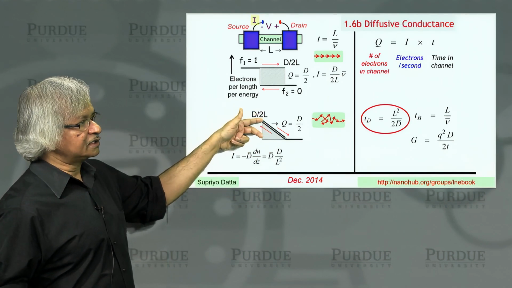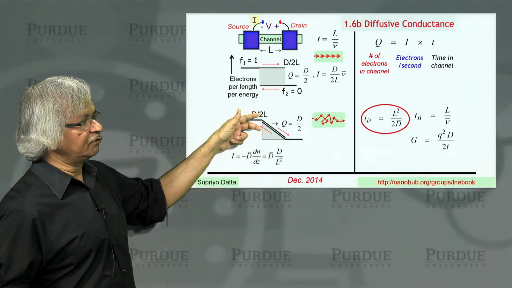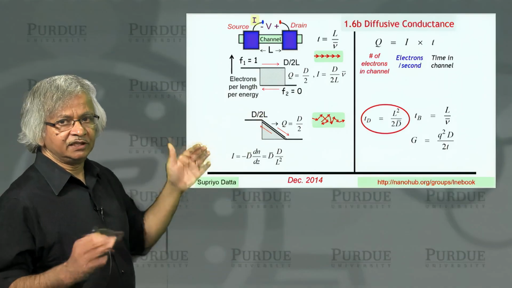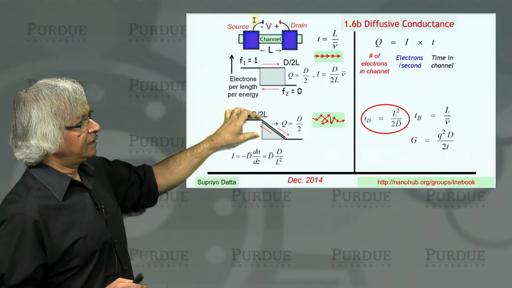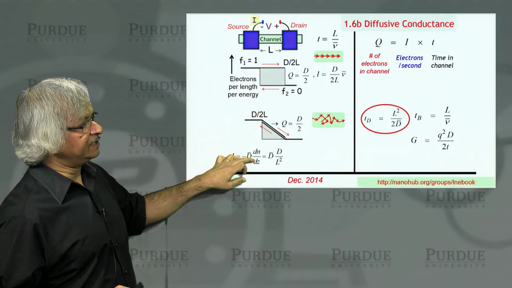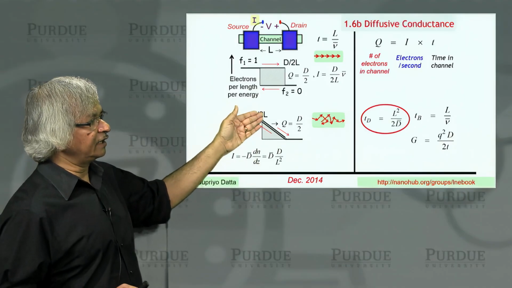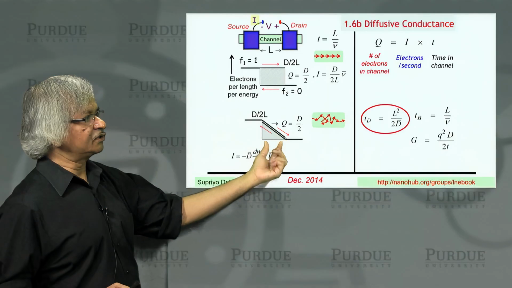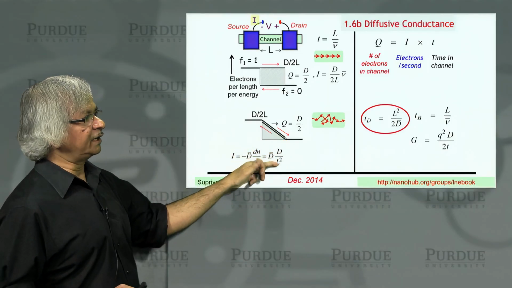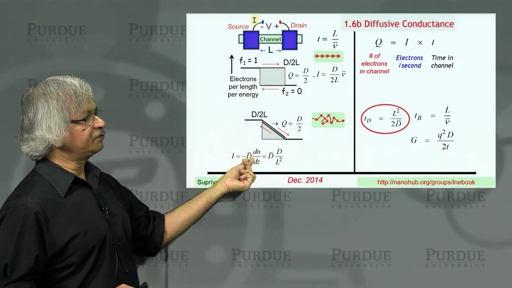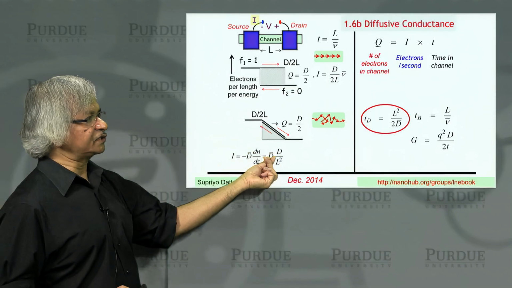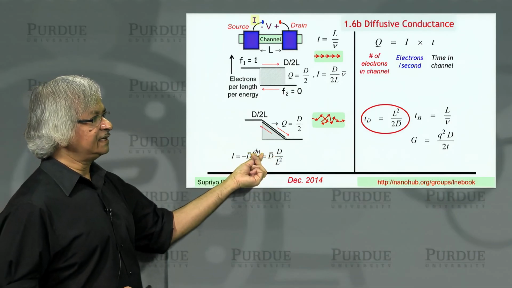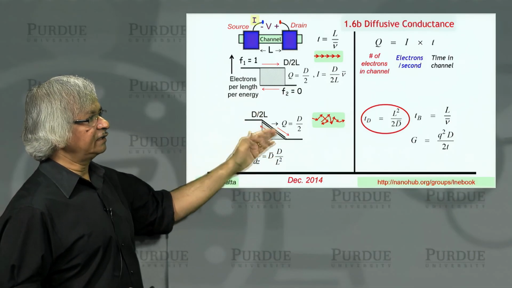We've got southbound and northbound, so D over 2L for each one, so it's like D over L. That's the electron density. And then dn/dz: D over L goes to 0 there, and this length is L, so it is D over L divided by L. So the diffusion coefficient carries over like so.